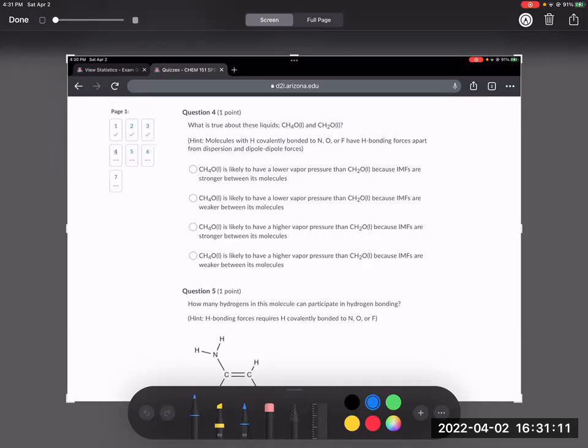So if you draw the Lewis structure for CH4O, it's going to look something like this. And then when it comes to CH2O, it's going to have this Lewis structure.